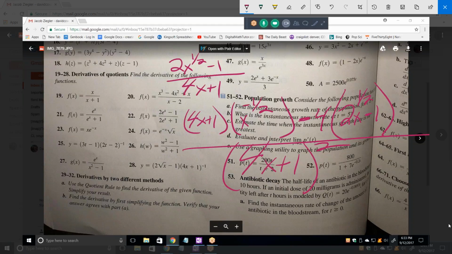Now, can we simplify that? The only way I would be able to simplify it is if I can pull out a 4x plus 1. Let's see. I actually end up with 8x to the 1/2.